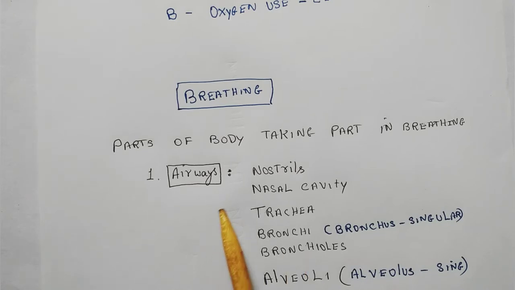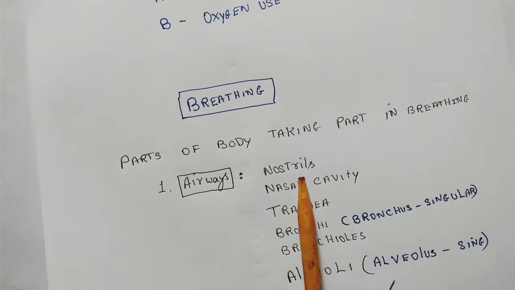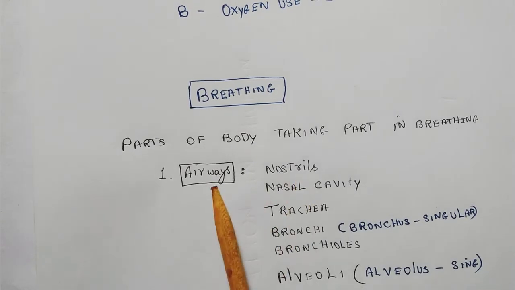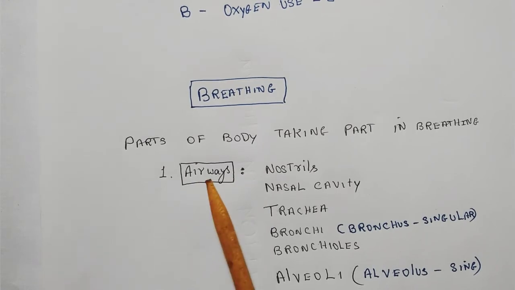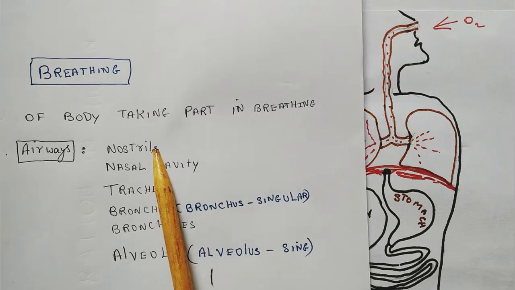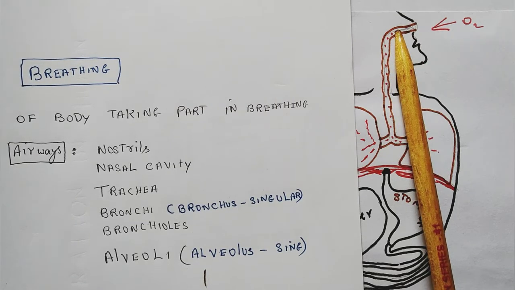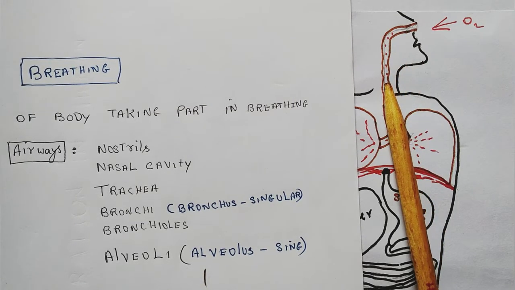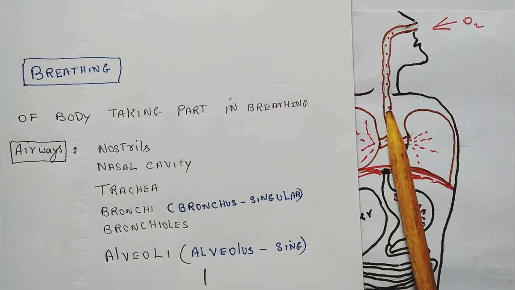There are many parts in the body which help us to breathe, and we can divide it into many groups like airways, the pipe through which the air can pass, which includes the nostril, meaning the hole in the nose, and here you have the nasal cavity, and that cavity extends further to reach here, which we call the trachea.